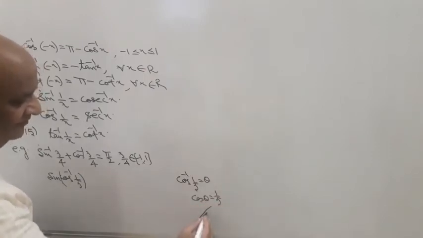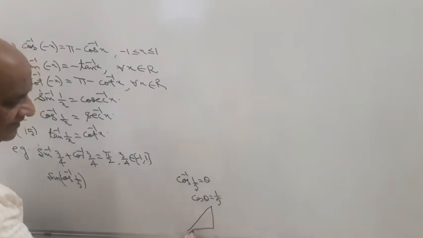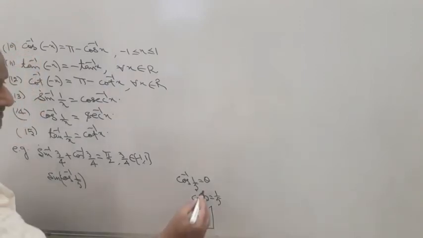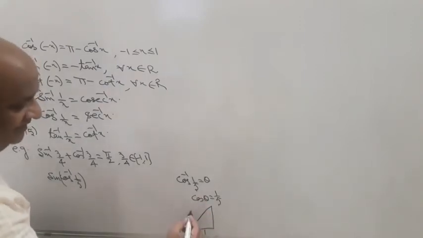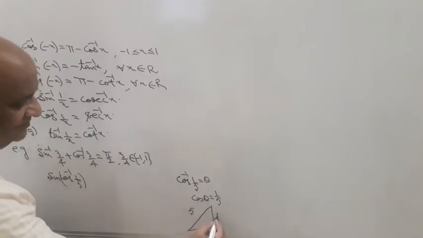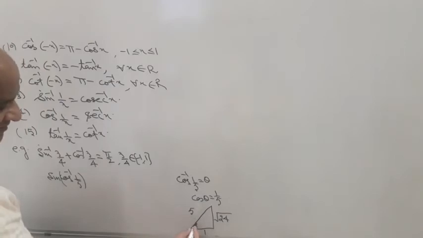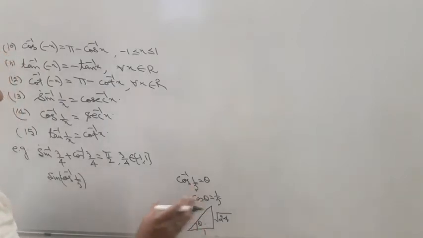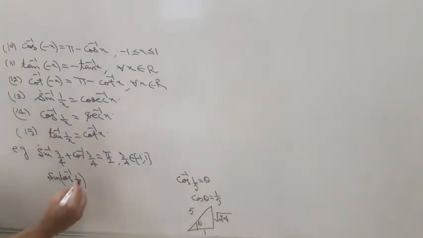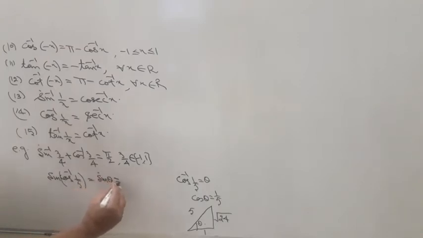Draw a simple triangle on the right hand side of the sheet. Cos theta is 1 over 5, this becomes under root of 24. This is theta. So this becomes sine theta, and sine theta is just equal to under root of 24 upon 5.